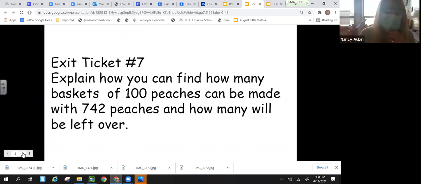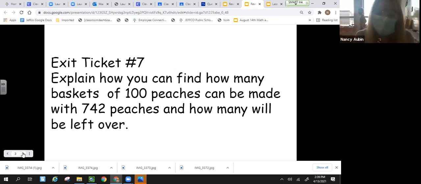All right, I want to quickly go over exit ticket 7. Some of you got this wrong. If you have it back, or if I returned it to you, online learners, I returned it and told you how you did. I just want to clarify before we take our quiz today, because this will be on our quiz.